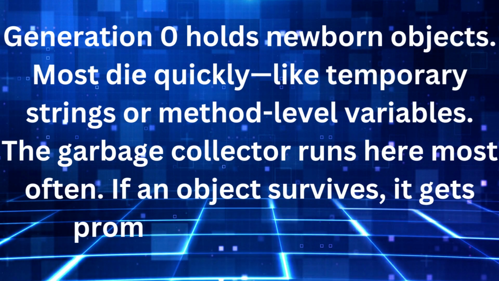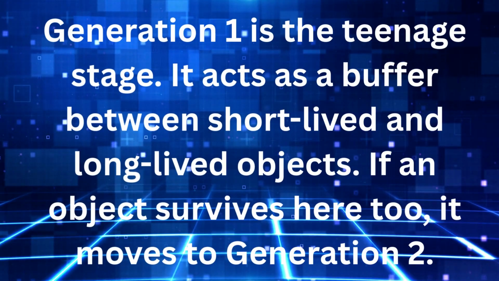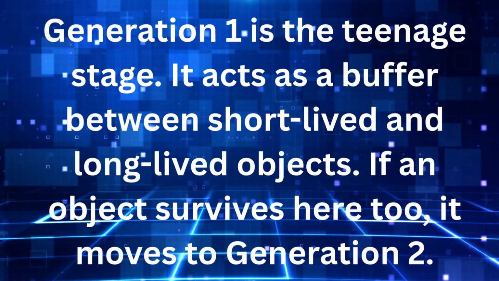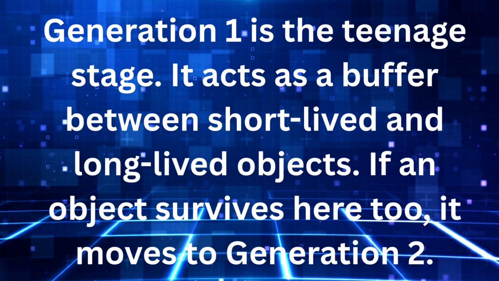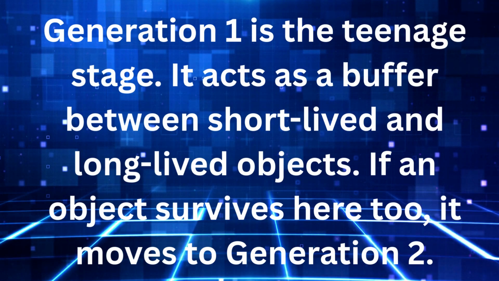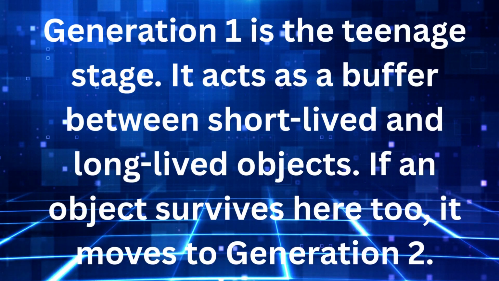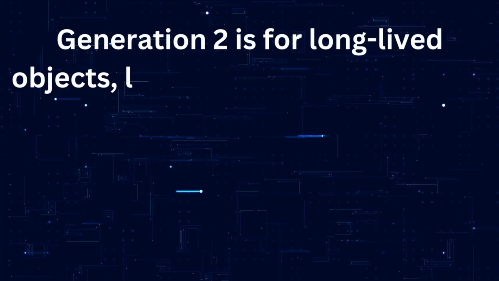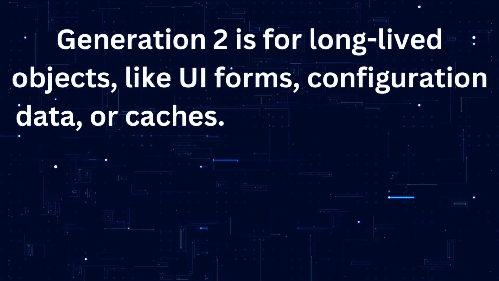If an object survives, it gets promoted to Generation 1. Generation 1 is the teenage stage. It acts as a buffer between short-lived and long-lived objects. If an object survives here too, it moves to Generation 2. Generation 2 is for long-lived objects like UI forms, configuration data, or caches.